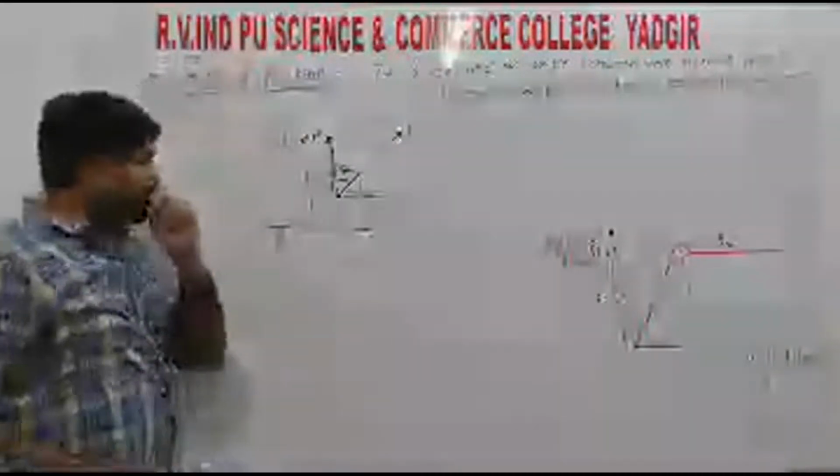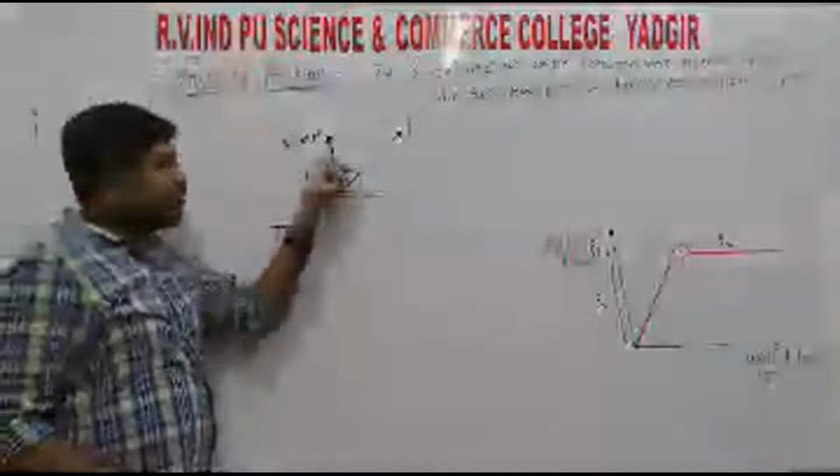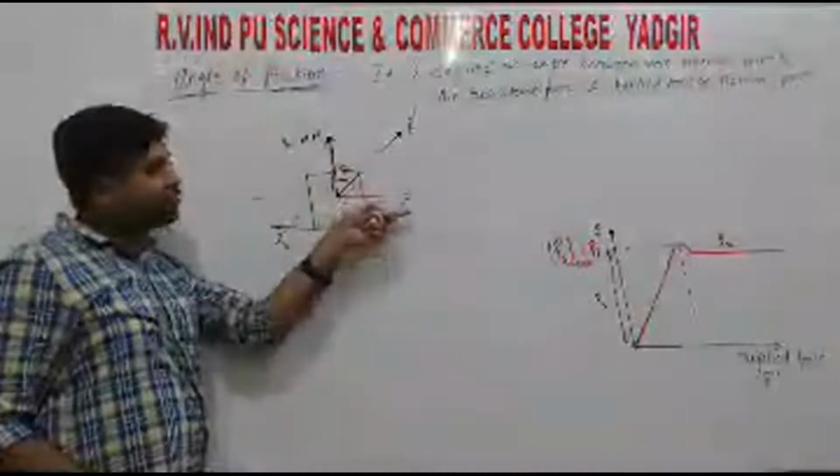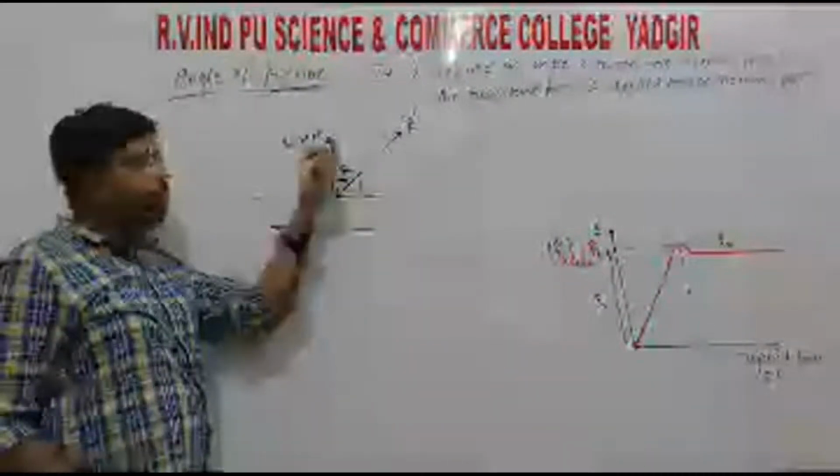So the angle of friction always lies between the normal force and the resultant force. This resultant force we are getting from the applied force and the normal force.